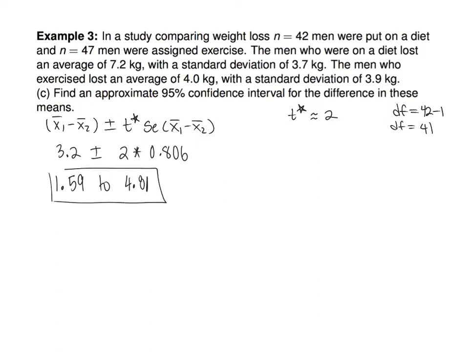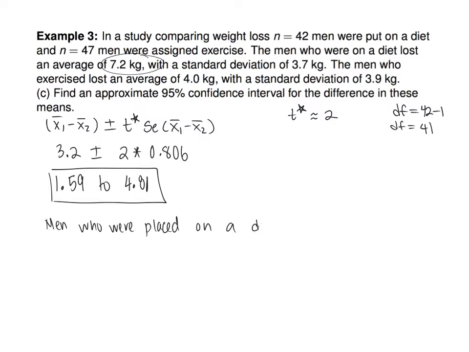And let's give a quick interpretation of that and sort of an explanation of which program was better. So men who were placed on a blank did better. Well, it looks like the diet group lost more weight.